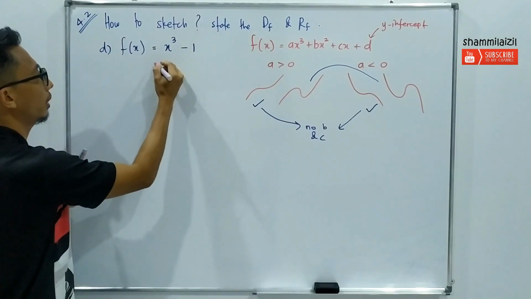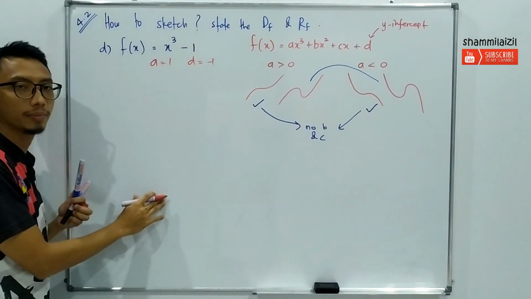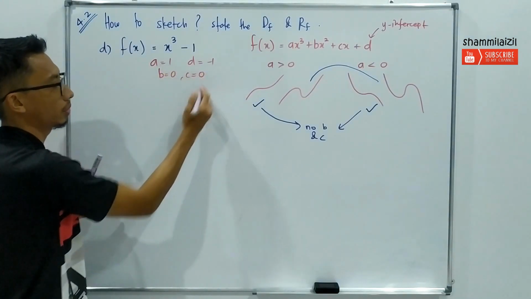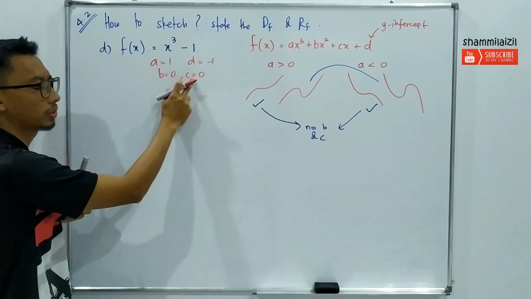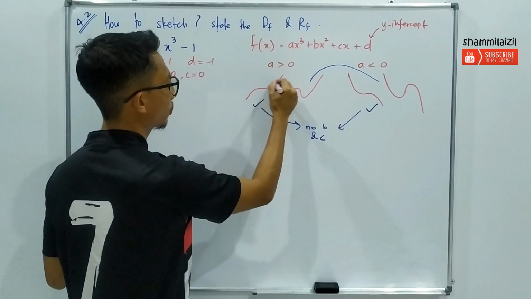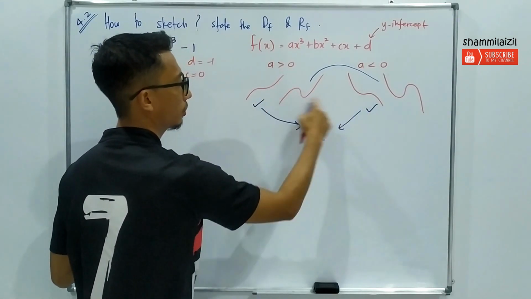Here you have your a is 1, your d is minus 1, where b is 0 and c is 0. So since there is no b and c, your b and c are zeros. So what does it mean? It's either this one or this one. Among these two only.